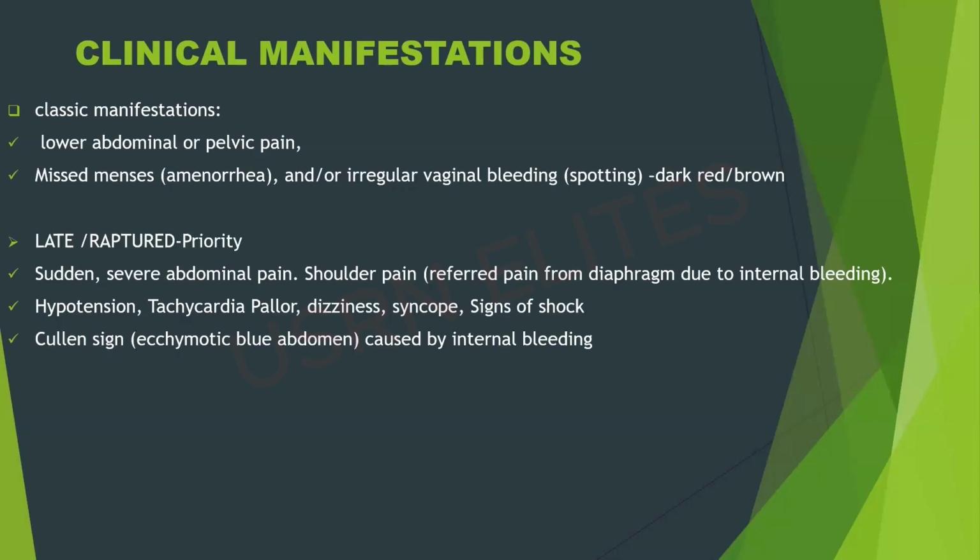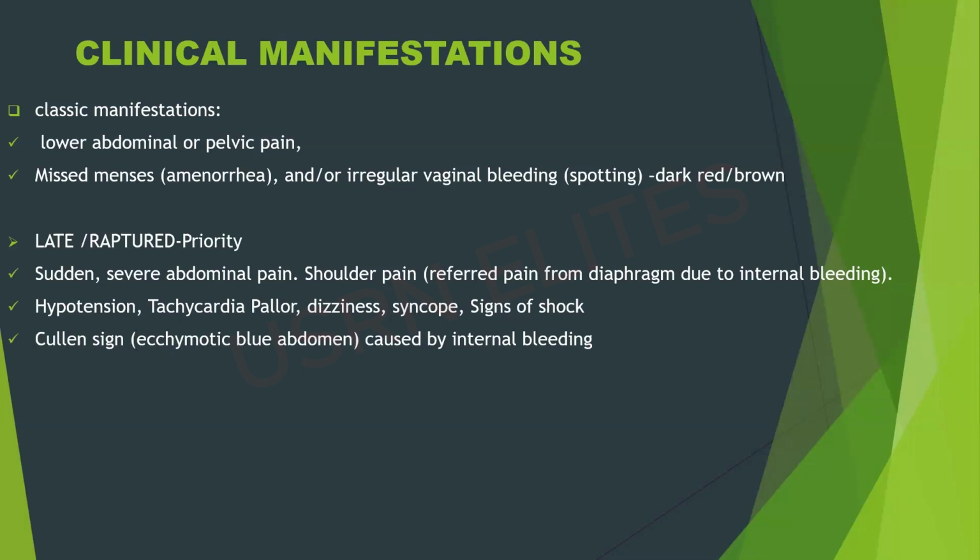You see that place is like there's blood collected under the skin, ecchymosis. And sometimes, especially with fair people, you see it to be blue colored. So that's blood collecting under the skin and appearing bluish. That is what we call the Cullen sign.